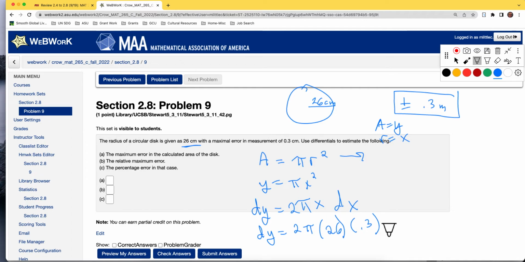So it looks like our change in y could be off by 2 times 26 times 0.3 pi. That's the maximum error. So if we had the maximum error in the radius, that would be the maximum error we would get for the area.